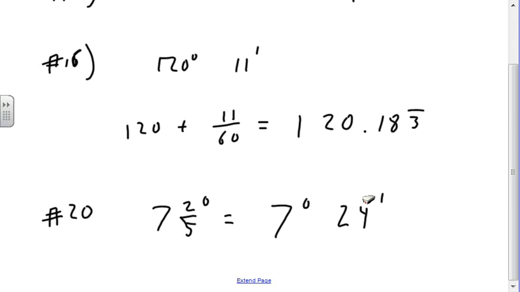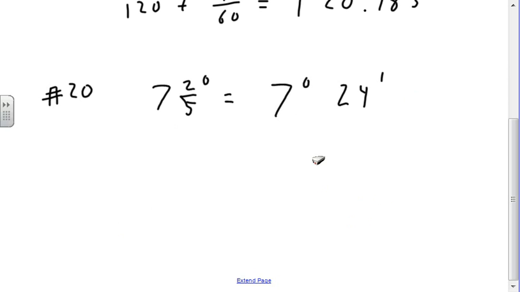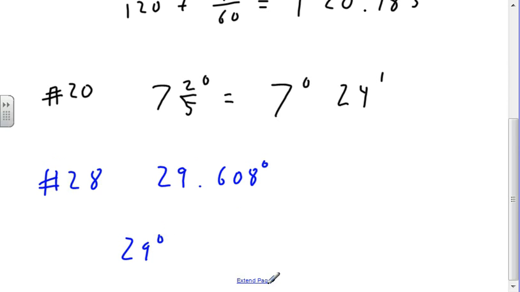We'll look at 28 next. I got 29.608 degrees, and I want to go to degrees, minutes, seconds. Okay, so 29 degrees.